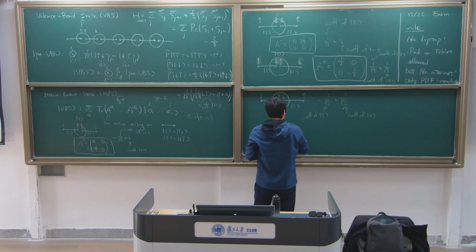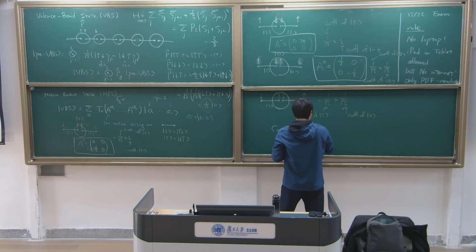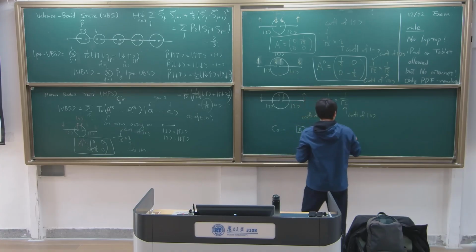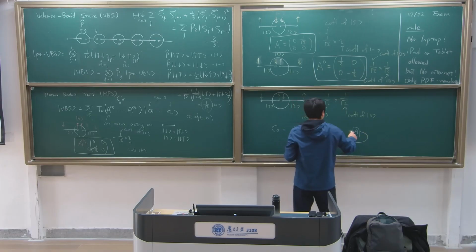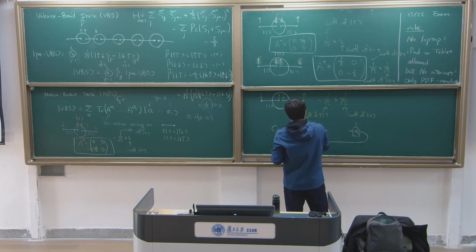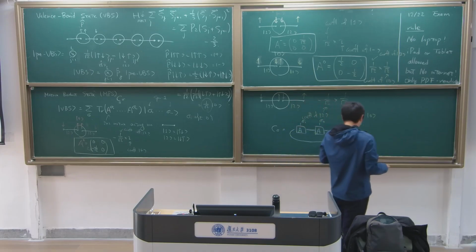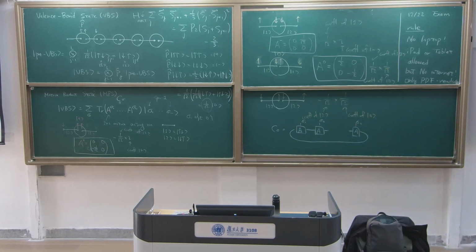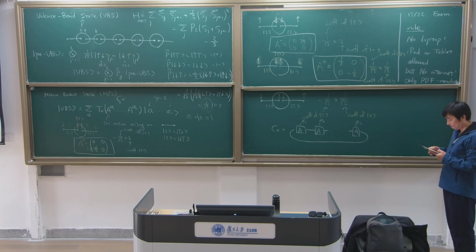Schematically, you can just write down sigma 1, sigma 2, sigma 3, like this.